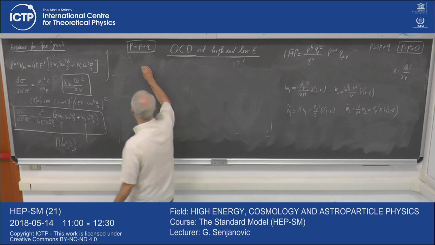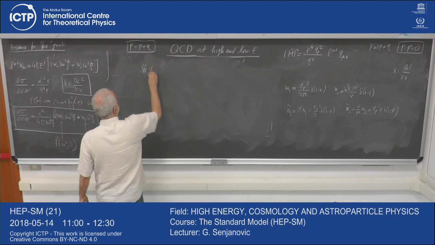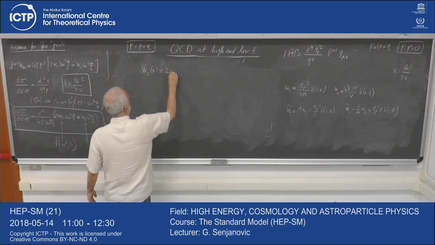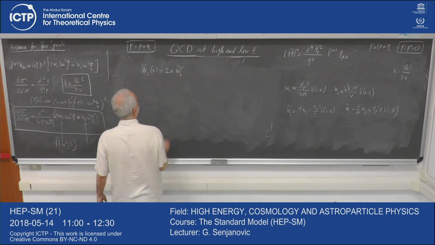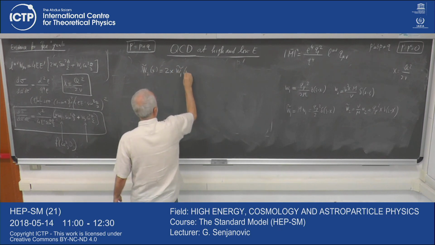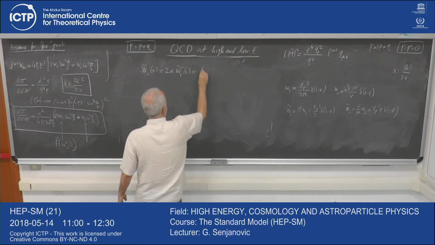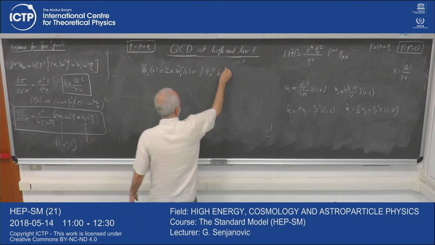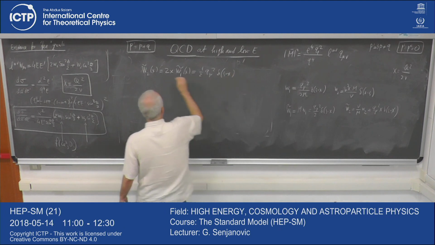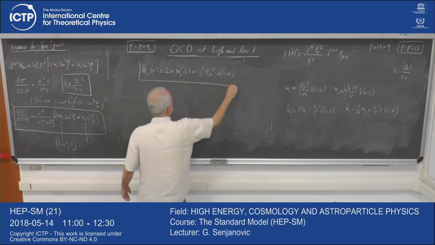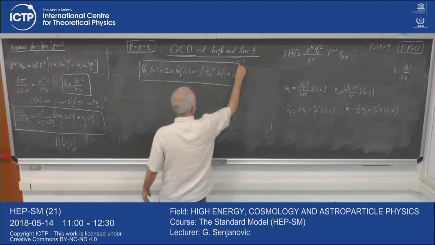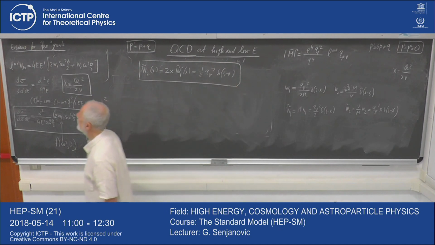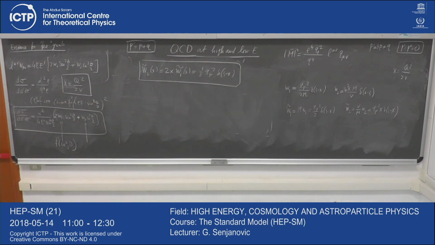Prediction that W2 of x is 2x W1 of x, and it's 1/2 qp squared delta of c minus x. This is what was measured. This is what they found.